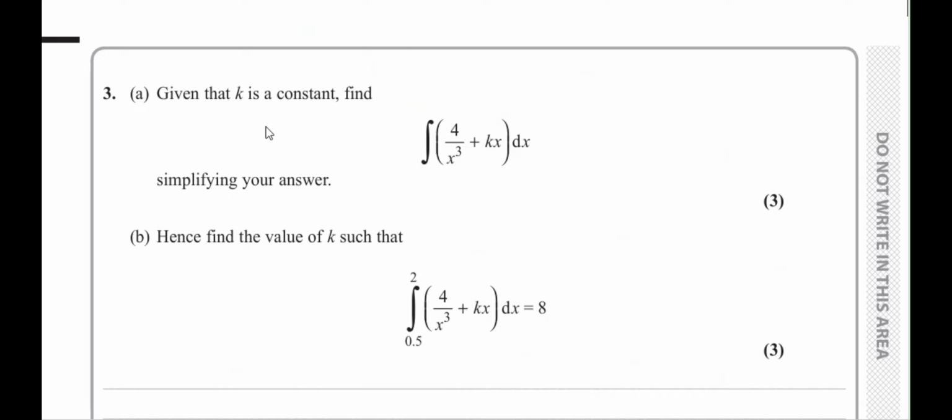Question 3. Given that k is a constant, find the integral of 4 over x cubed plus kx dx, simplifying your answer. So let's write this expression as the integral of 4x to the power of minus 3 plus kx dx.